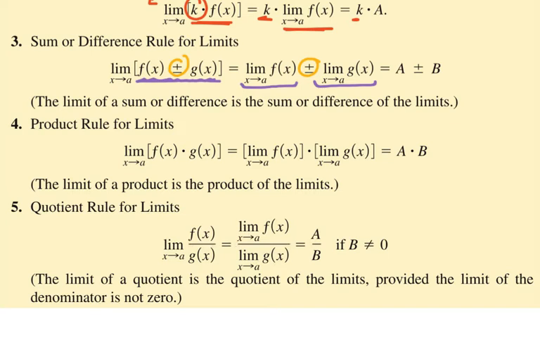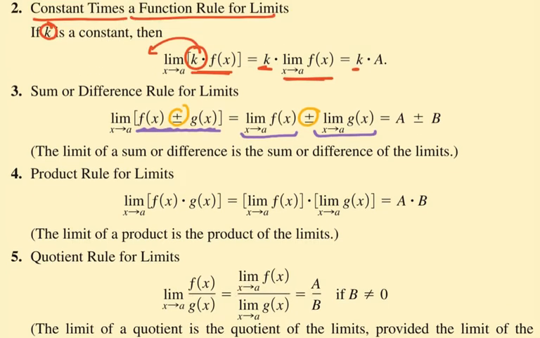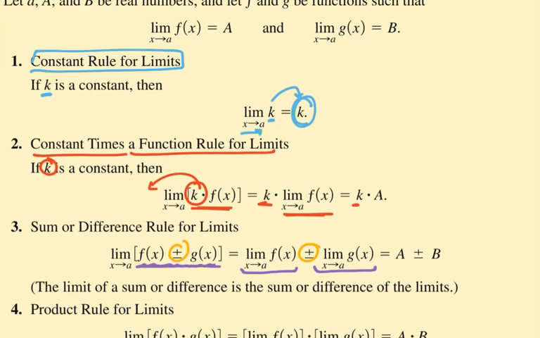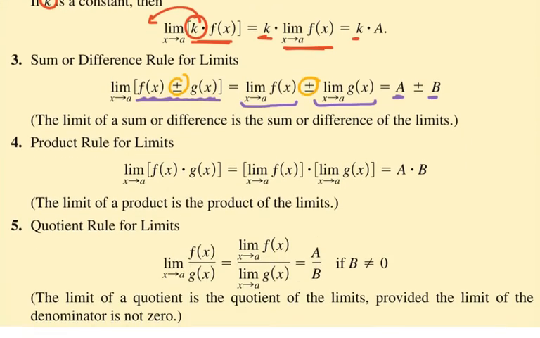So the limit of f plus g is going to be the limit of f plus the limit of g. Just looking at our rules here, we defined up above the limit as x approaches a of f of x is a, and the limit as x approaches a of g of x is b. So finding each of those limits individually, we would just add them together.